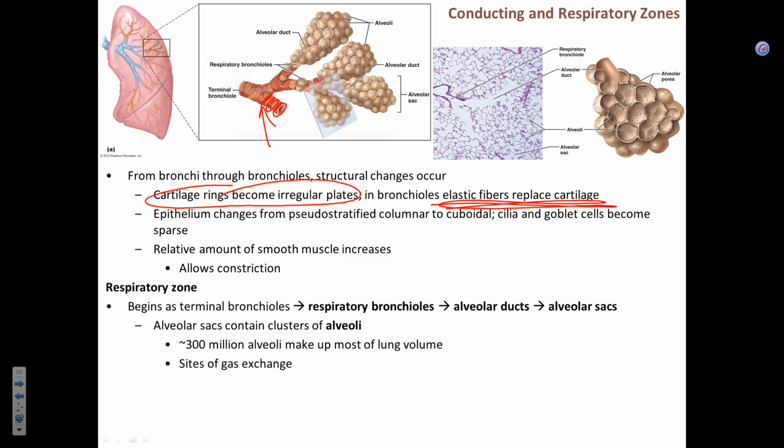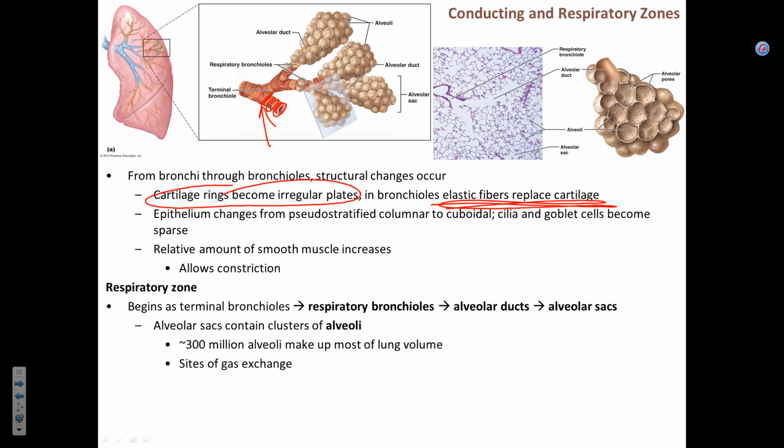By the way, which system has a constrictive effect on bronchioles, and which system has a dilating effect? Sympathetic versus parasympathetic. Which one dilates? Sympathetic. Because when you're excited, you need more air coming in. Does that make sense?